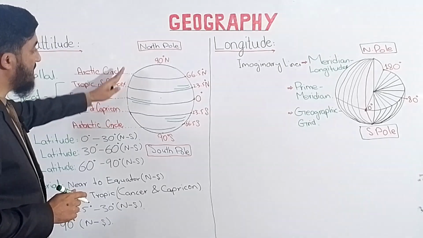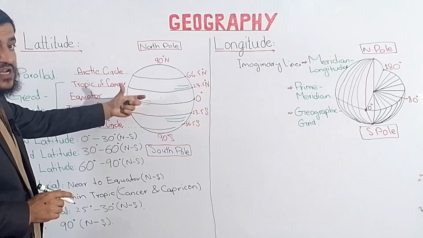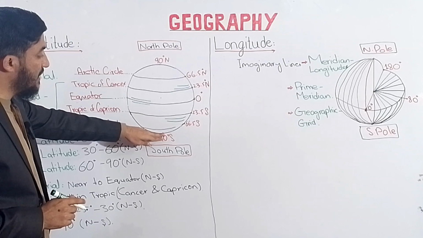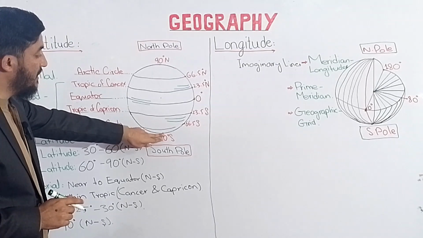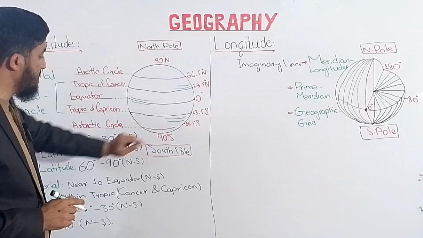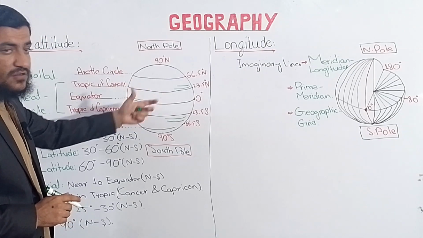As we go upside, the circles become smaller, and as we go downside, the circles also become smaller and smaller, until at 90 degrees it becomes a very small point, almost nothing. But the circle of the equator is the largest circle.